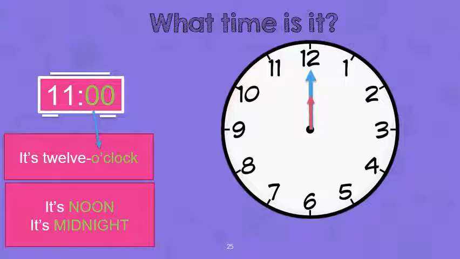So when it gets to the 12 during the day, we say it's noon. And when it gets to the 12 o'clock at night, we say it's midnight. Okay? So meio-dia, we call it noon. So it's noon. E meia-noite, we say it's midnight. Okay?